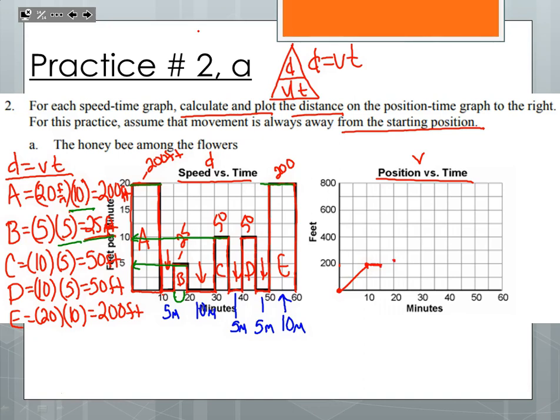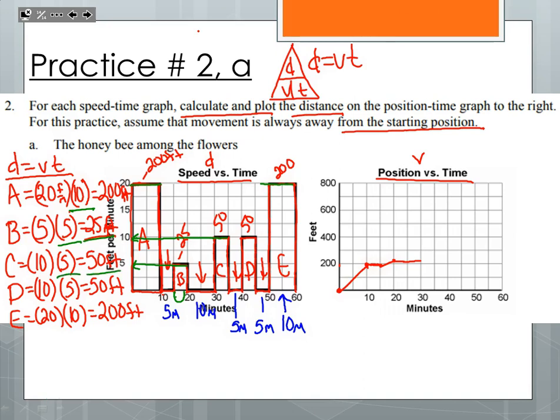I'm going to go over, plot that point, and then up. We stayed there for 10 minutes. Now I'm going to go over 10 minutes. I promise you that is 25. And then at C, he increased by 50 feet for 5 minutes.